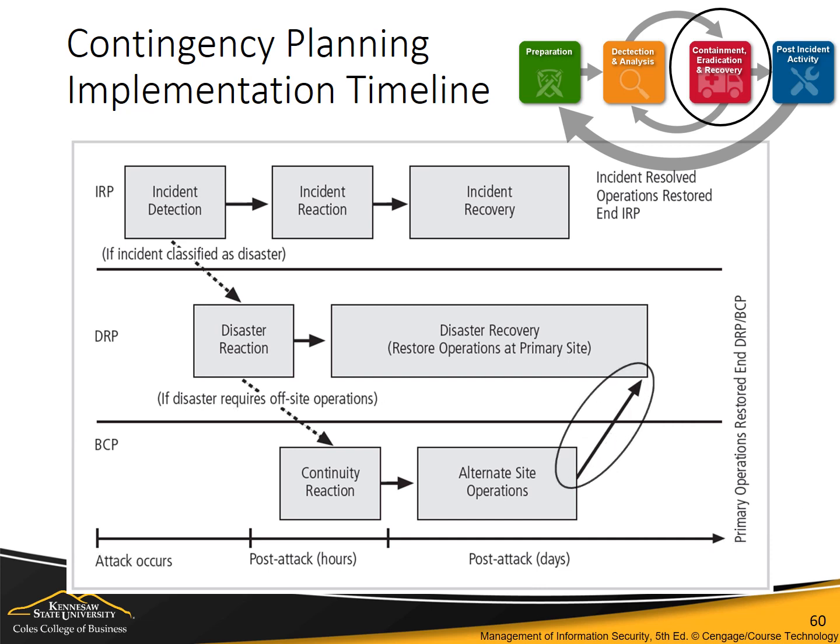While the alternate site is running, the disaster recovery team is working to restore operations at the primary location, at which time normal operations can resume. This graphic does a good job of illustrating the different types of responses that may occur at an organization when unexpected adverse events occur.